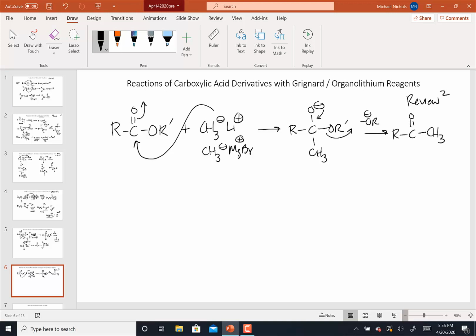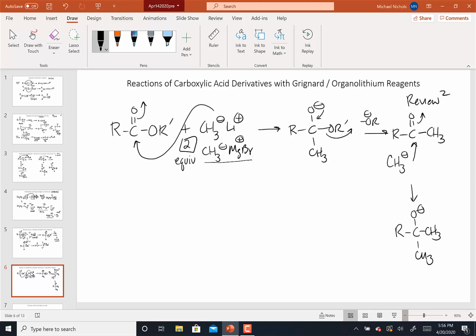And this is where we always used two equivalents of Grignard to react with the ester back when we talked about this in February, because at this point I would get a mixture of products. Once I formed the ketone, if I had some unreacted organolithium or Grignard, it would now attack the carbonyl of the ketone, so that now I would end up with my O minus, along with my now two CH3 groups.